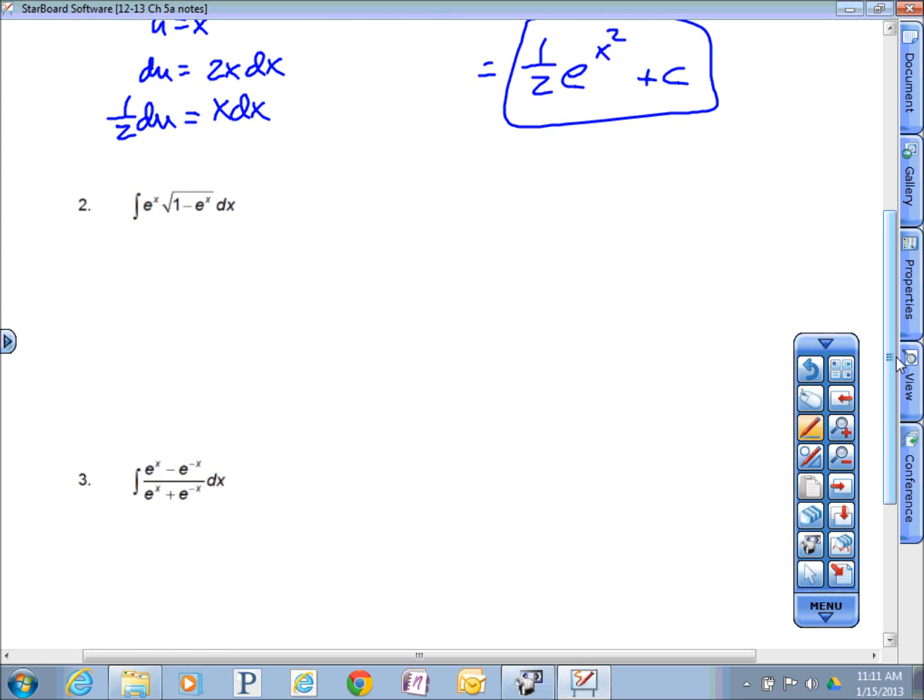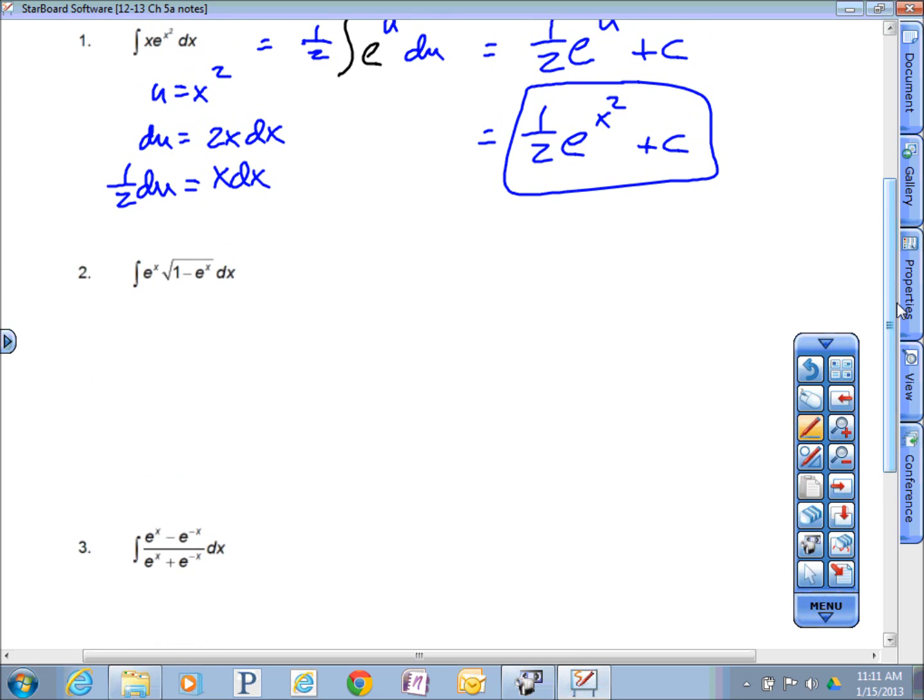Second one, here we are now. A little bit different setup. I can see that we've got a quantity. I see one term again, and it's got a square root in it, and the square root has multiple terms in it. So I'm feeling like u has got to be what's inside that square root, the inside function. Then du would be negative e to the x times dx, and that's interesting because I've got an e to the x and a dx in the problem.